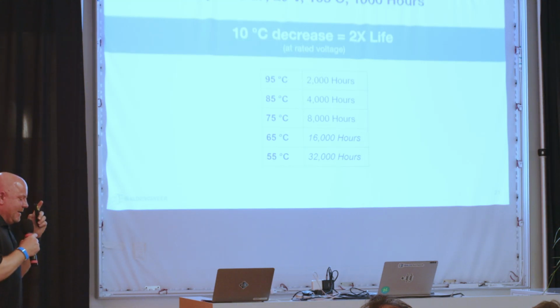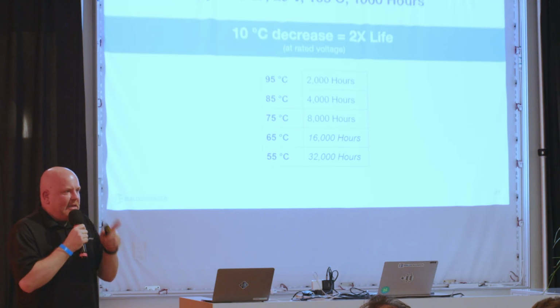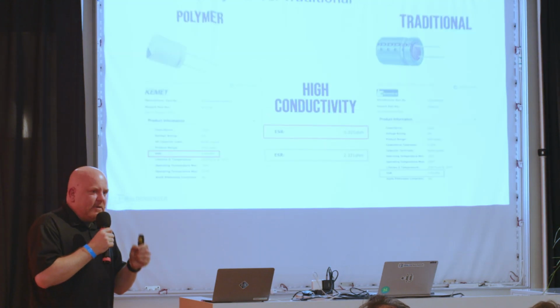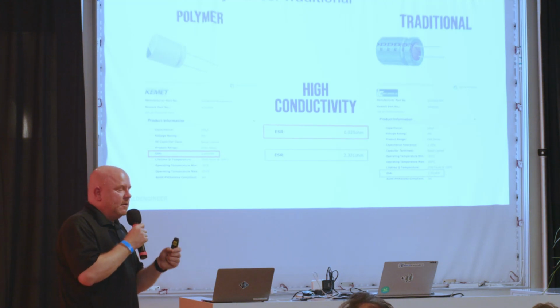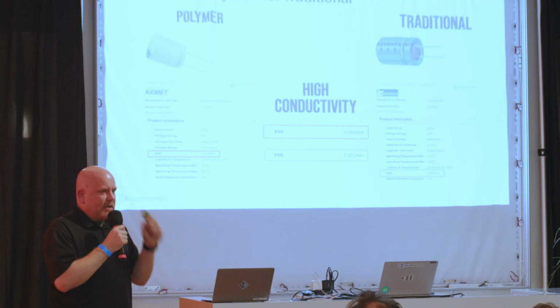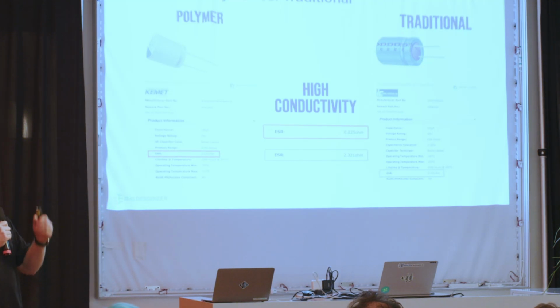Now, there's another thing you can do to reduce the heat issue. There is an alternative aluminum electrolytic, which is made with a polymer material instead of an electrolyte. And so these are solid capacitors that have a conductive material that connects the cathode layer to the cathode foil.